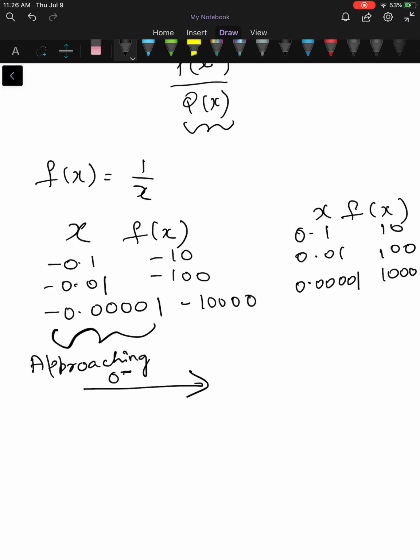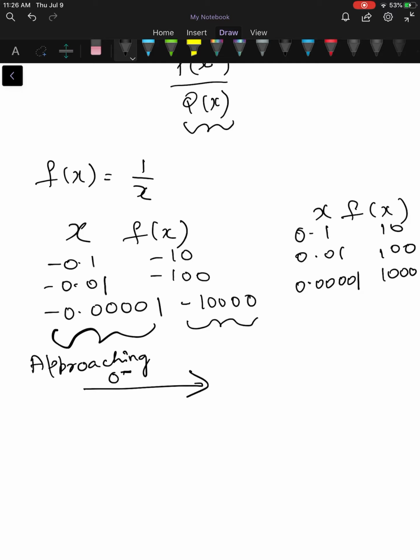And what is happening to the functional values? You can see they are increasing a lot in magnitude, because you know what happens if the denominator of a fraction keeps taking lesser values: the fraction's value will be increasing.